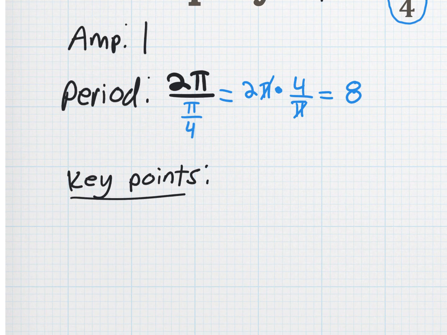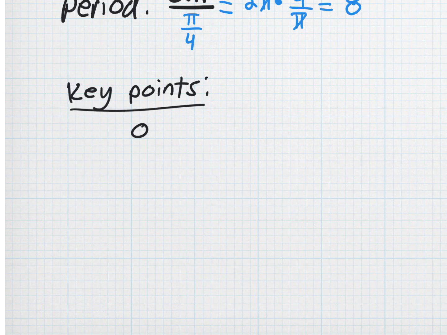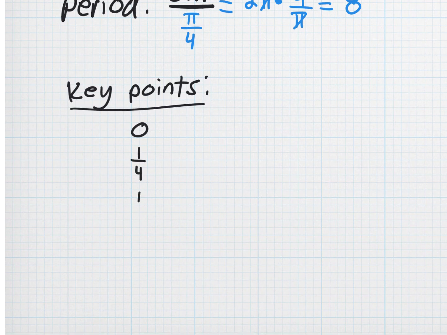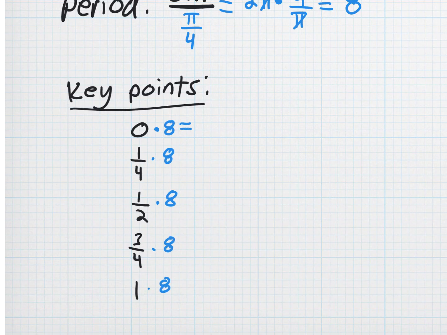Now let's find the key points. Again, you're going to multiply by 0, a quarter, a half, 3/4, and 1. And you're going to multiply the period by those numbers. Times 8, times 8, times 8. All right, with a real whole number, it should be pretty easy. 0 times 8 should just get you 0. What's a quarter times 8?